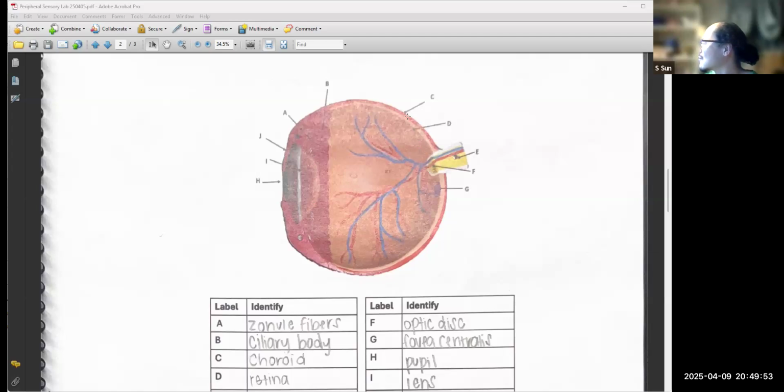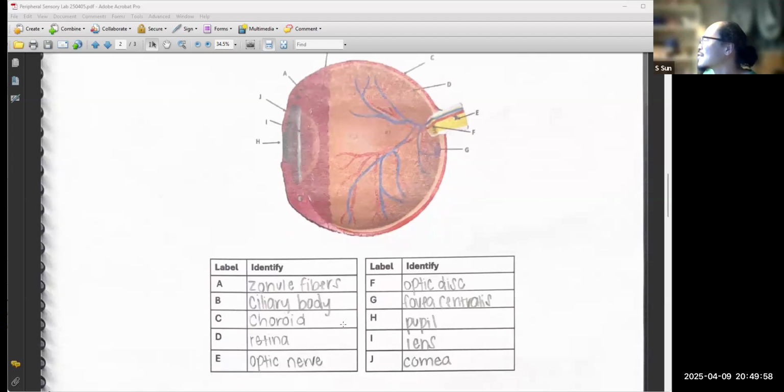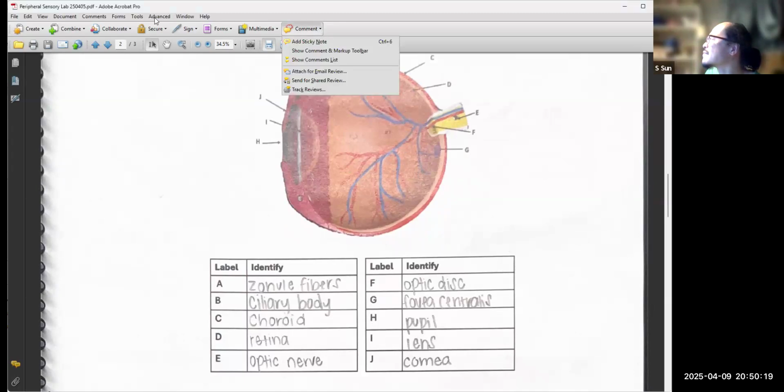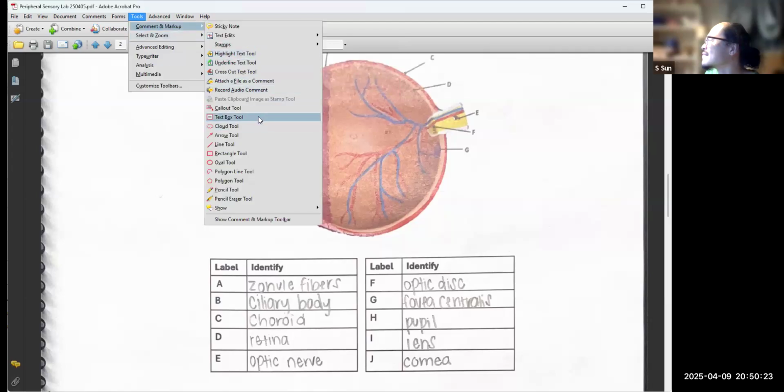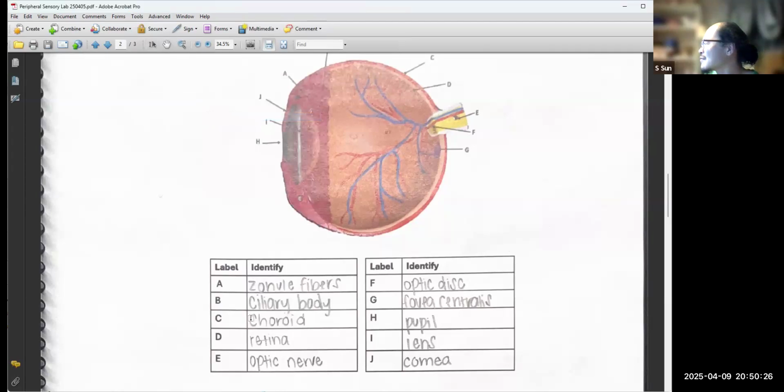No, that's wrong. C is not choroid. C is the sclera. So that's wrong. Let me correct it. Even though this person has good handwriting, that is wrong. All right, let me do the correction. I hope this one works.